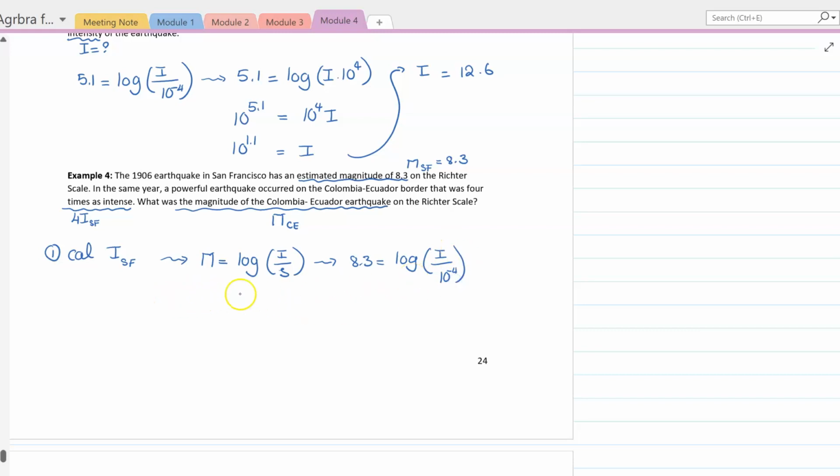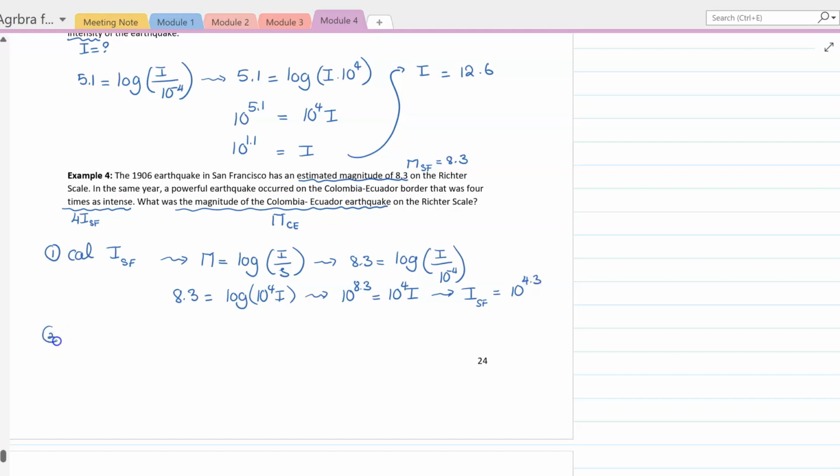I can write this as 8.3 equals log of 10 to the 4 times I, and this means 10 to the 8.3 equals 10 to the 4 times I. So the intensity of the San Francisco earthquake is 10 to the 4.3.